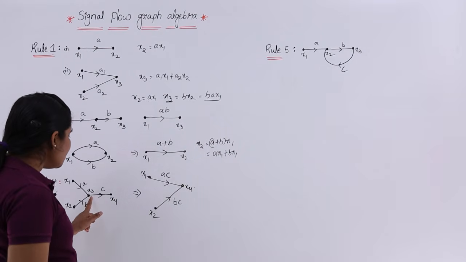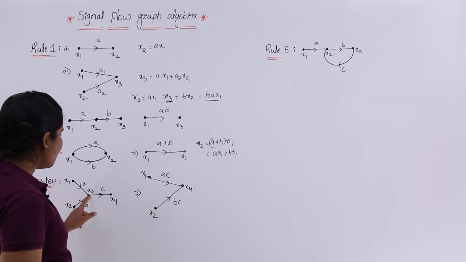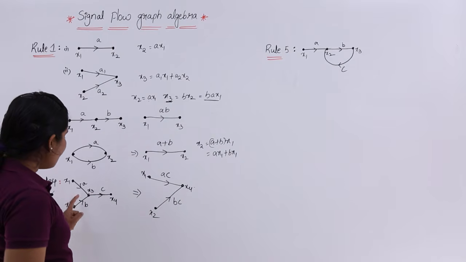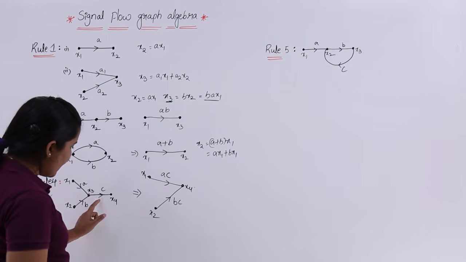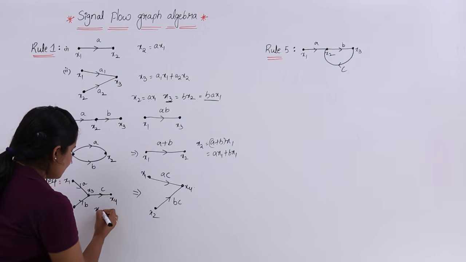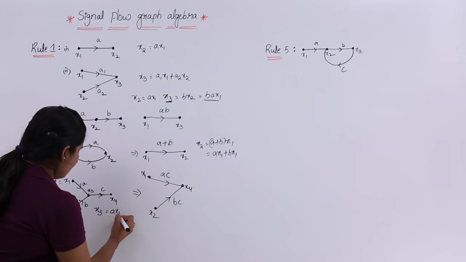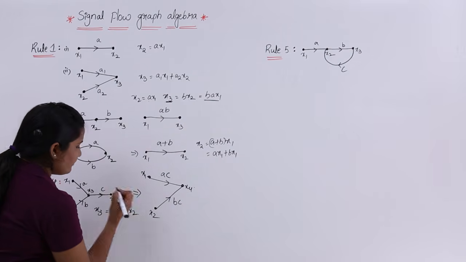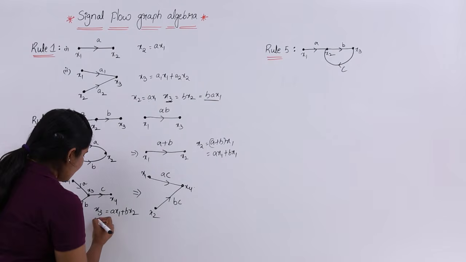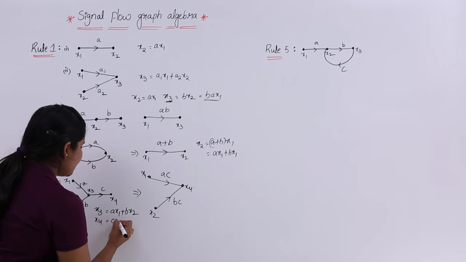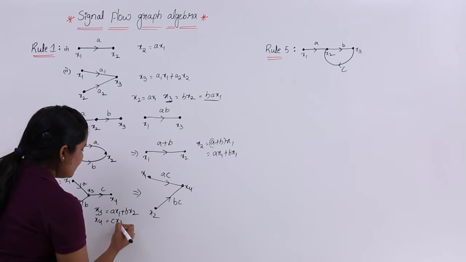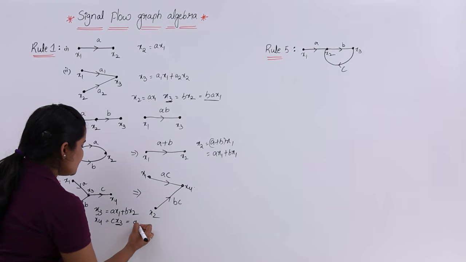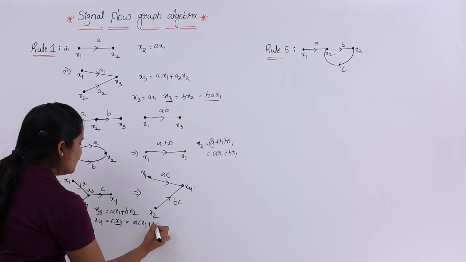Why I am writing like this: here you can see x3 is equivalent to a x1 plus b x2, and x4 is equivalent to c x3. If you substitute this x3 value here, then you are going to get ACx1 plus BCx2.